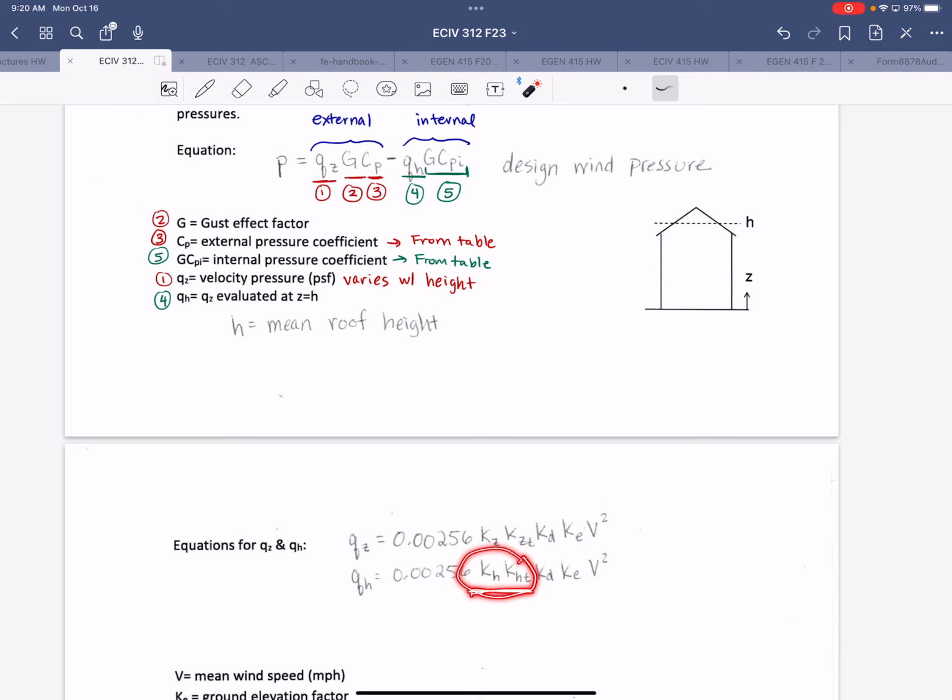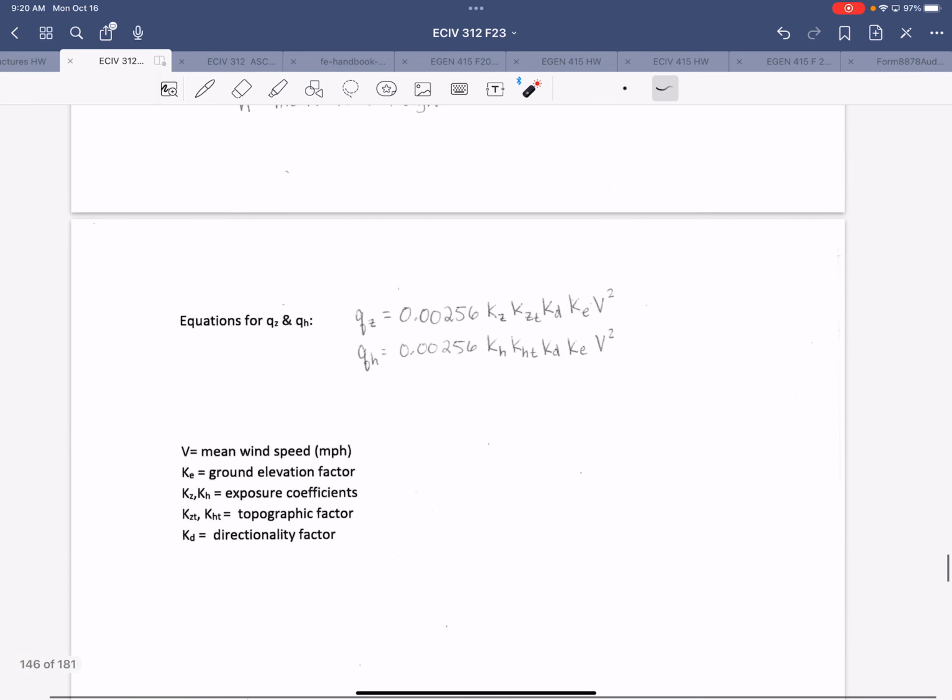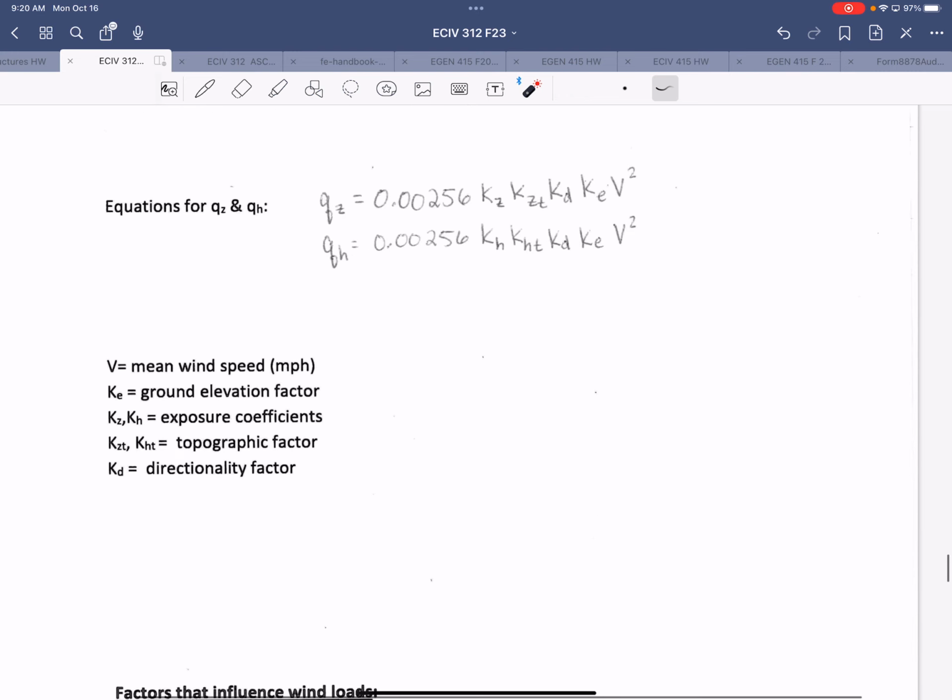KH and KHT are simply those two coefficients taken at mean roof height. So now we'll define all the items in this equation. First up, we've got capital V, which represents the mean wind velocity, and that is based on the location and the risk category.